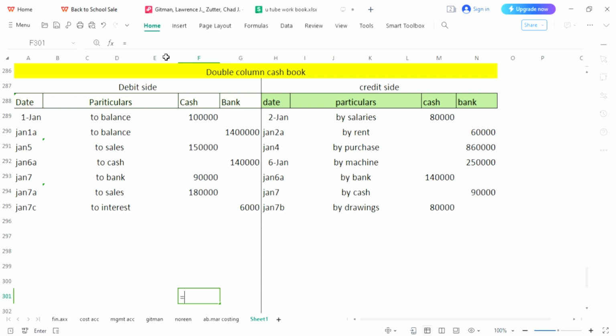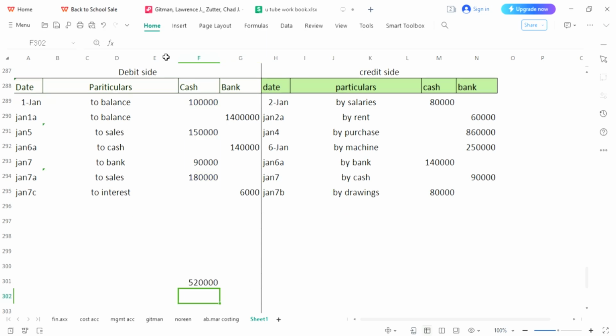First step, take the sum of the debit side. As you can see, this is your sum of the debit side of cash. Similarly, you will be taking the sum of the credit side. First step has been completed.